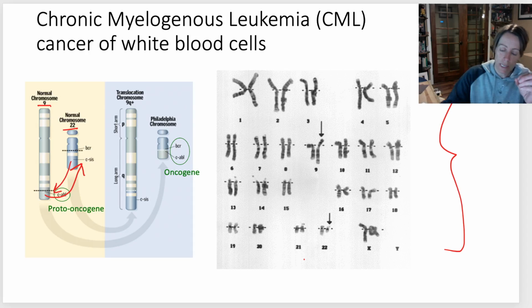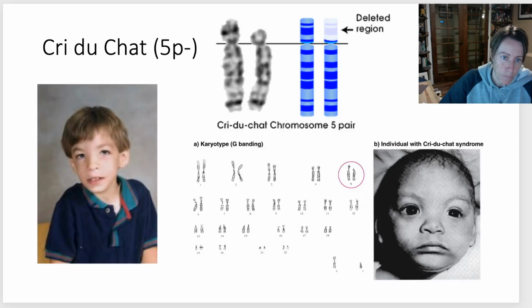As that single cell divides to build the baby, every single cell in that individual is copied from that first zygotic cell with the incorrect 9 and 22. So it's in every cell of that person's body. That's why these can't really be cured, because you can't really remove all those chromosomes or all the issues. You have to deal with it different ways. So that's CML, which is another translocation disease.